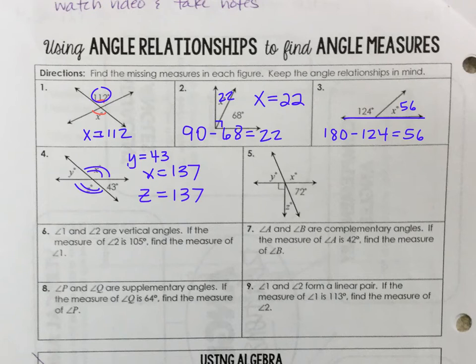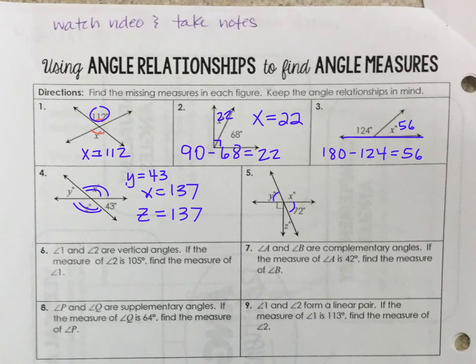Number 5, we need to find x, y, and z. Let's again start with y, because it is a vertical angle. So I know that y is going to equal 72. That one's easy to figure out.